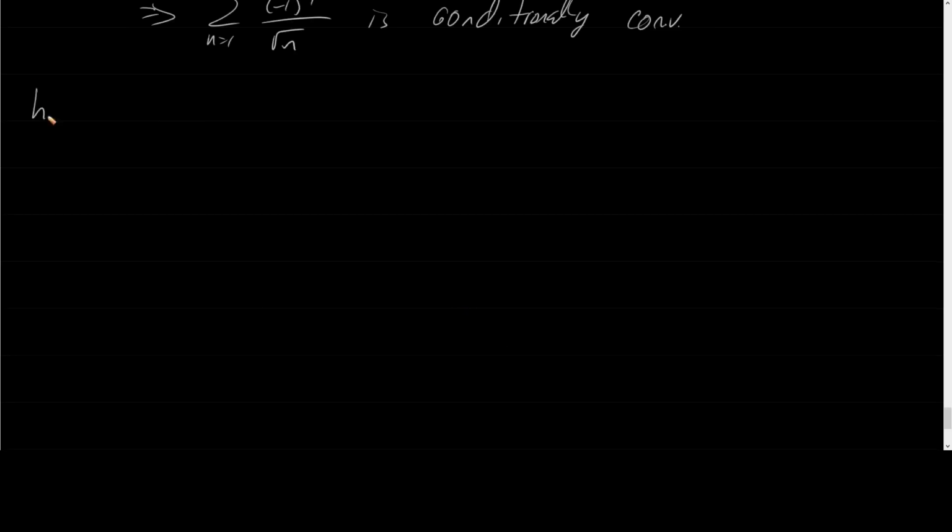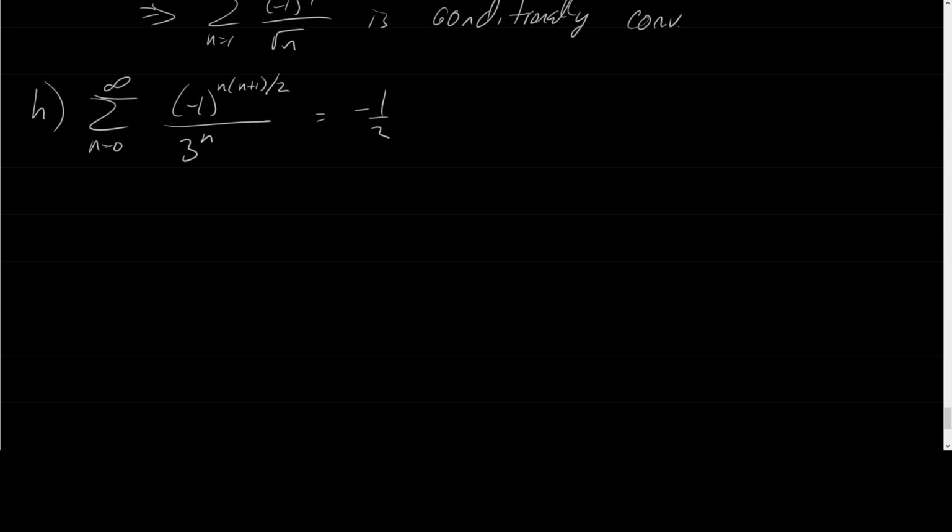So example H. Let's say that I had the series of (-1)^n times (n+1)/2 over 3^n. Now this seems like it would be an alternating series because we have -1 to a power. But let me give you the first couple of terms here.